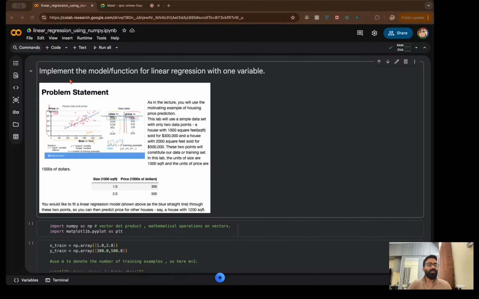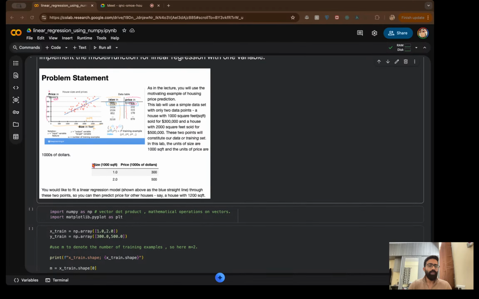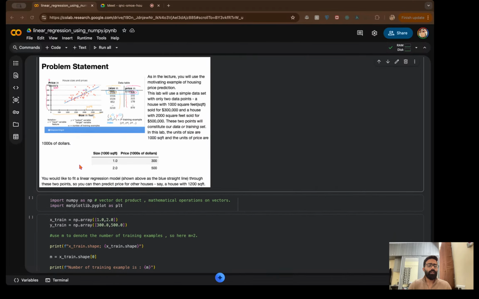Okay, so we are trying to model a function for linear regression with one variable, and this is the problem statement that we want to solve. Let's say we have an input feature, the size of the house, and the output target, the price of the house.